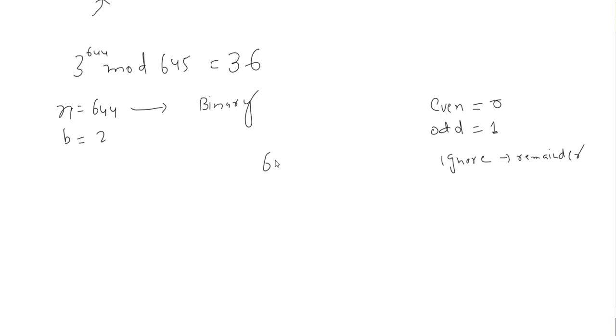So 644, if we divide it by 2, will be 322. Then if we further divide it by 2, this will be 161. Now we further divide it by 2, ignoring the remainder. This will be 80.